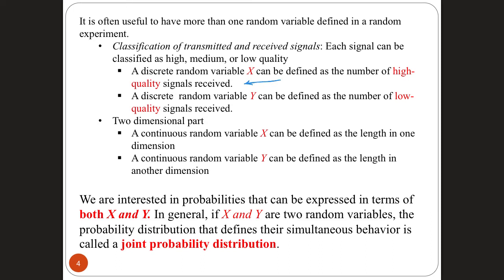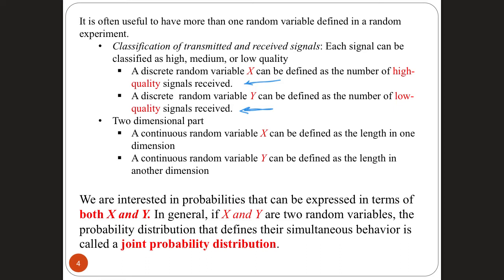And let's call that the random variable X. The other random variable, okay, let's say we are discussing the number of signals that you receive with low quality. So basically, you have two received signals.